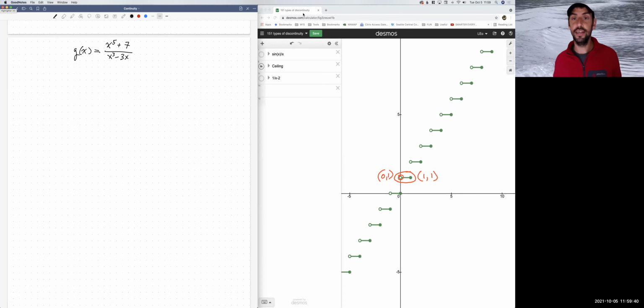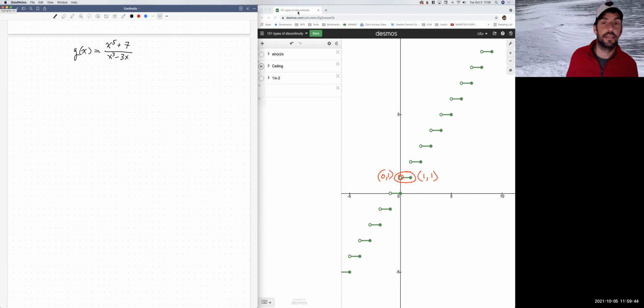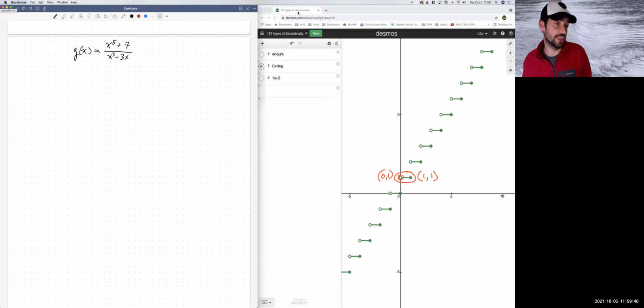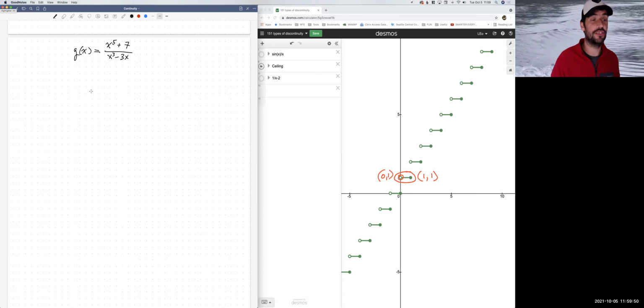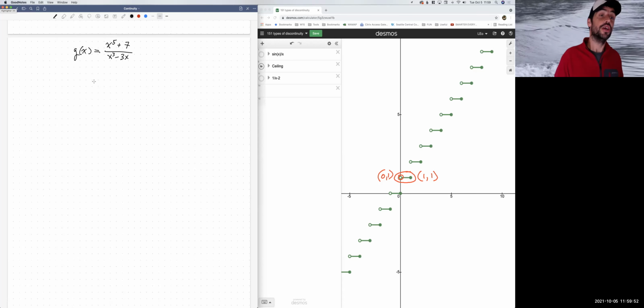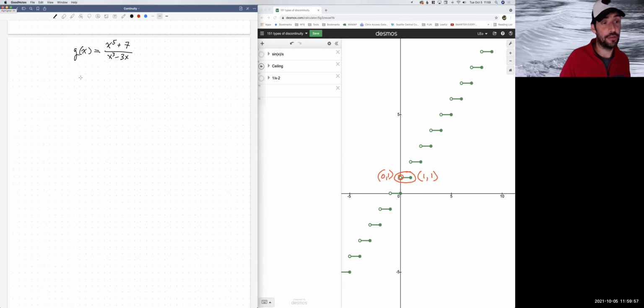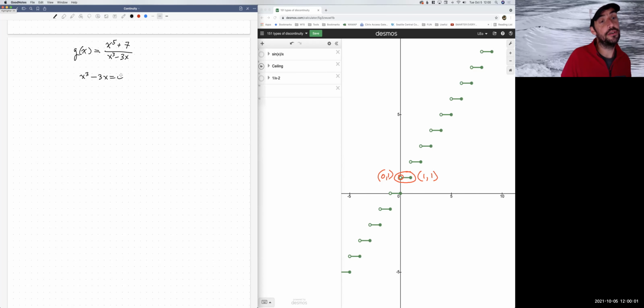Well, we've said that rational functions are continuous on their domain, so finding out the intervals where this is continuous is simply finding out what its domain is. And a rational function is defined wherever the denominator is not equal to 0. So we need to find out, where is this equal to 0?